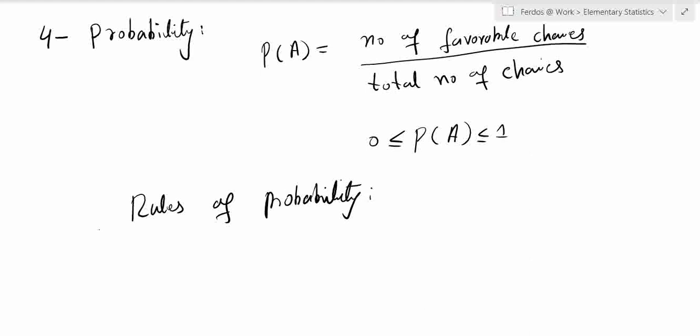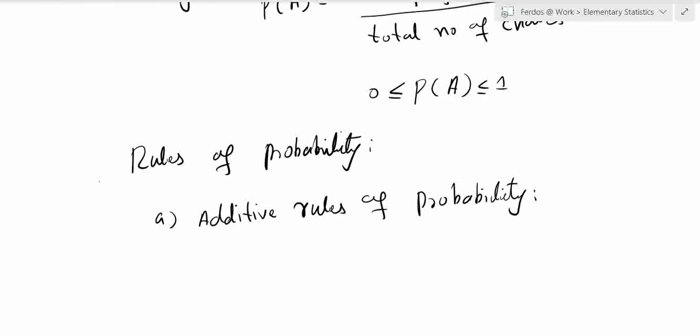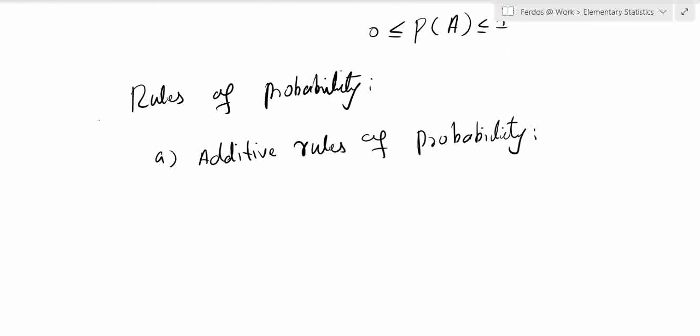The first one is the additive rule of probability. I would like to tell you something about these rules, so you can differentiate between applying different rules.